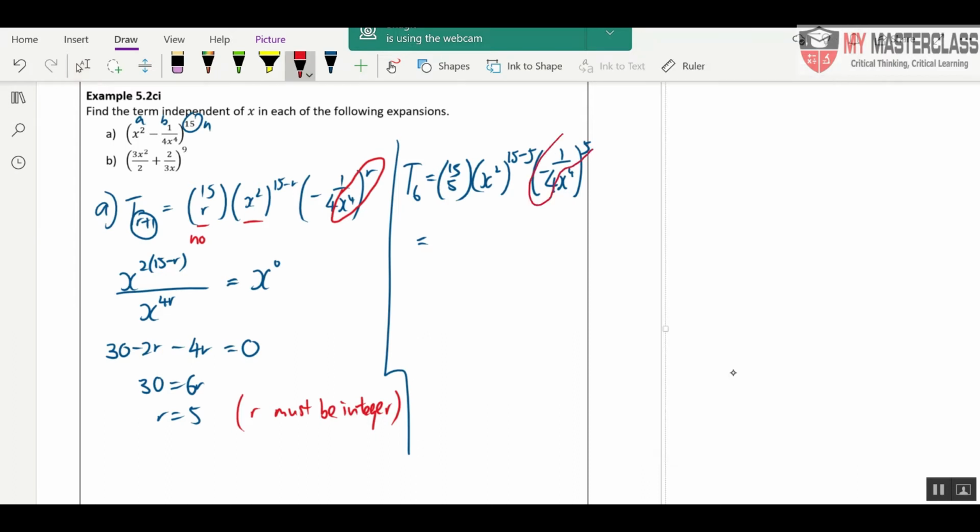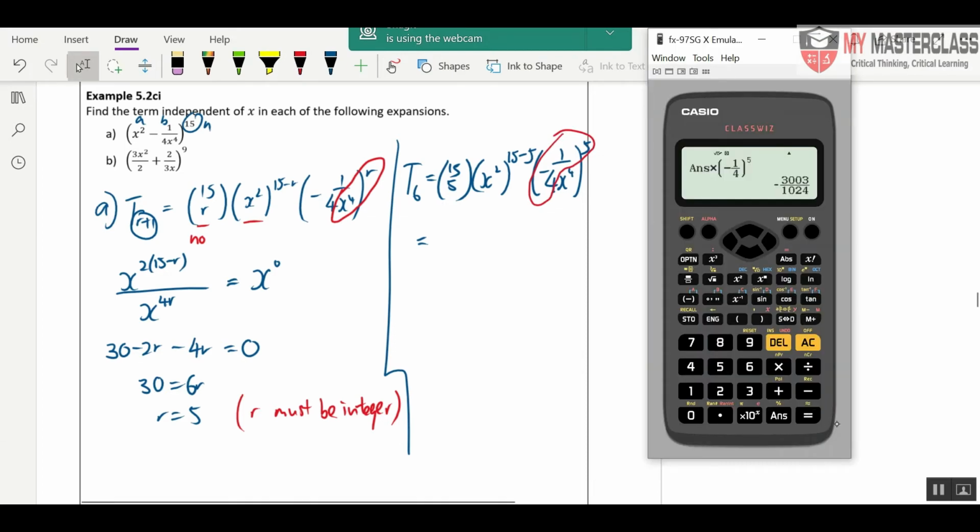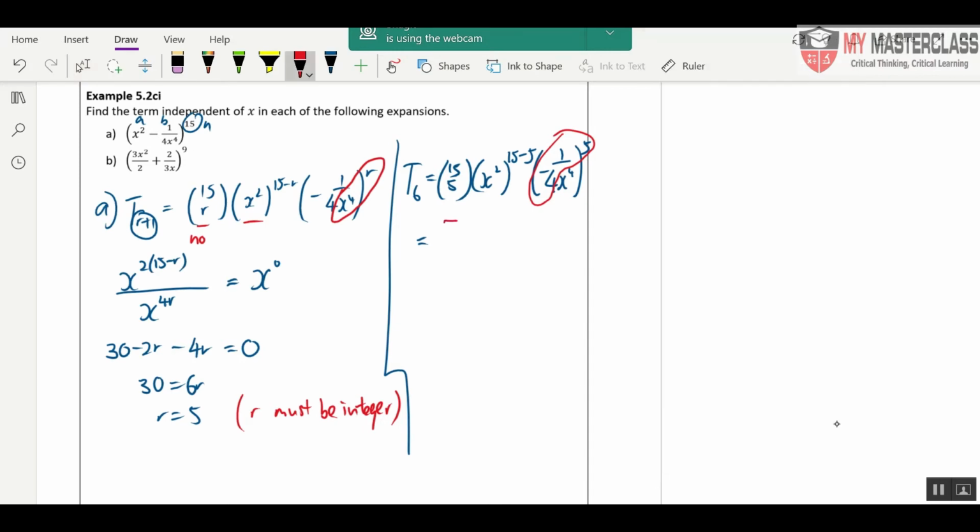Here. And this is equal to negative 3003 over 1024, and that is my term independent of x.